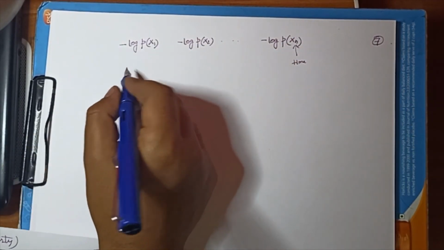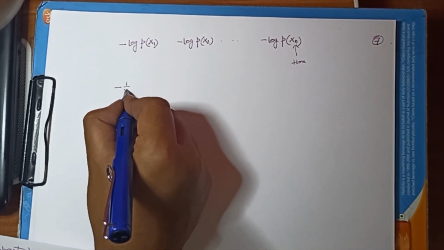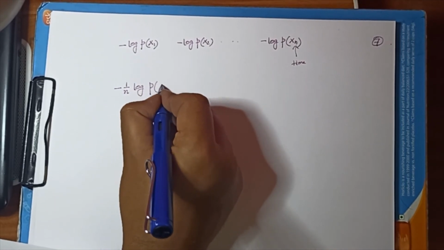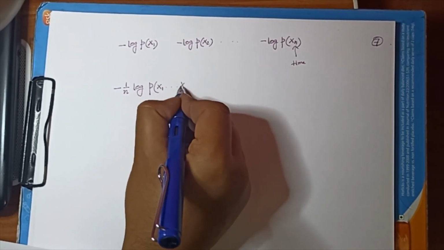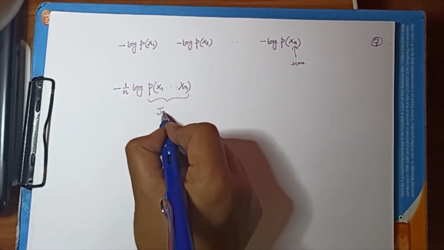Then since they are IID, I know that minus 1 by n log of the joint probability of x1 to xn. This is the joint probability.